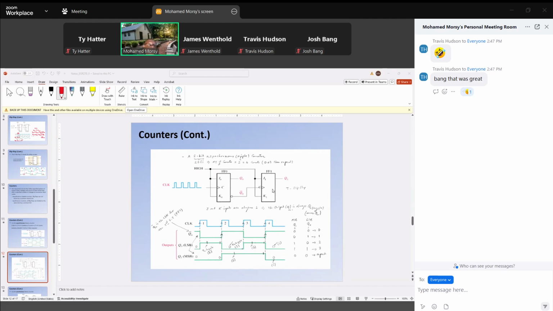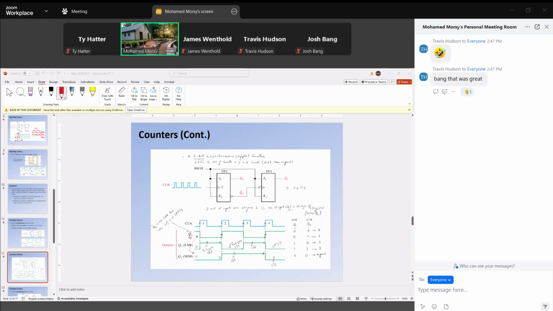Now look at flip-flop FF1. The clock pulse for FF1 is not CLK. It is Q0 inverted. So we need to invert Q0. Q0 is here, just take the inverse: 0 will be 1, 1 will be 0, and so on.